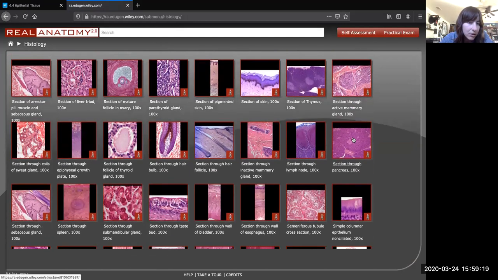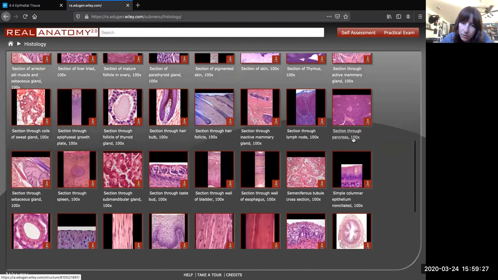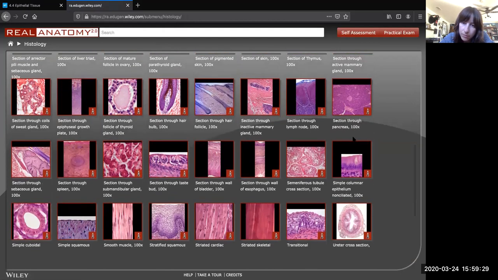Sorry guys, I want to find you a good example before I go crazy. Esophageal glands, I feel like it should be there, but it's not.